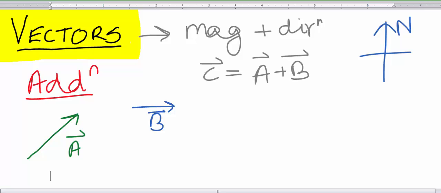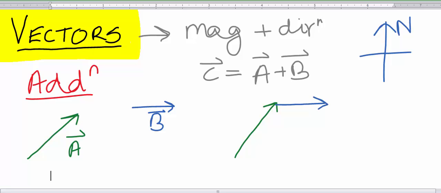So vector C can be geometrically represented as, first we need to draw vector A. Suppose it's the same as vector A. And now be careful, you need to draw vector B in such a way that the head of the vector A coincides with the tail of the vector B. So vector B will be drawn in this way.